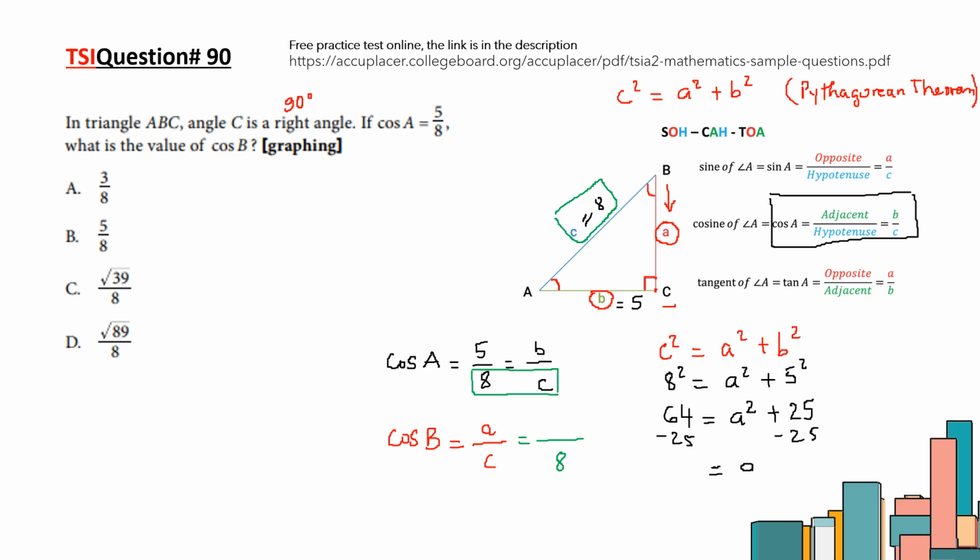On this side we have A squared, and the 25 is gone. Now 14 subtract 5 is 9. Remember, 6 subtract 3 is 3. So we have 39.